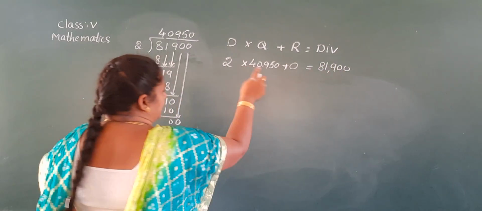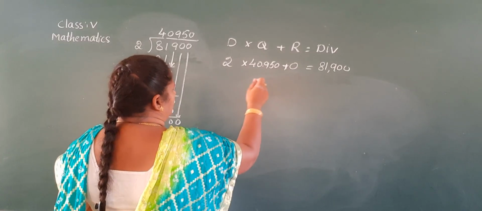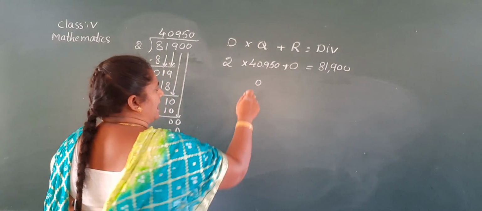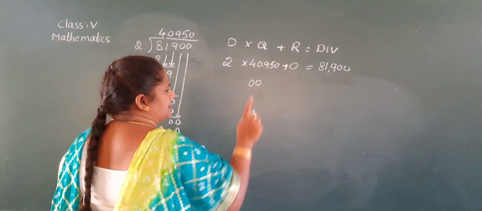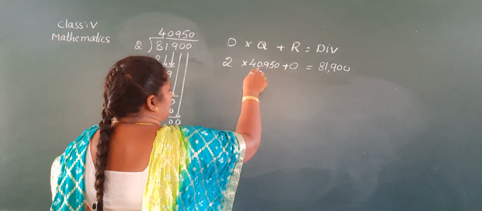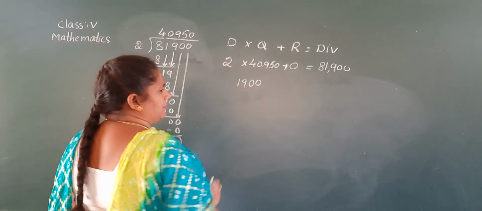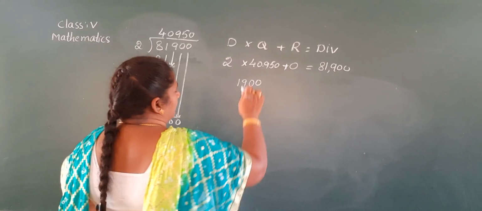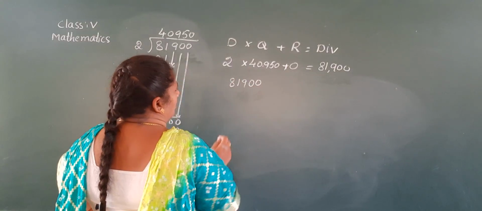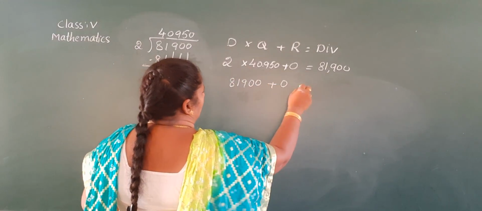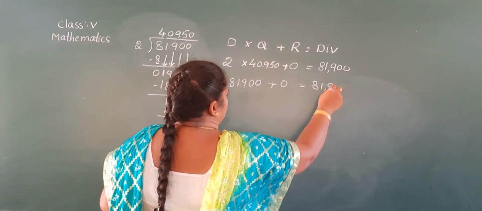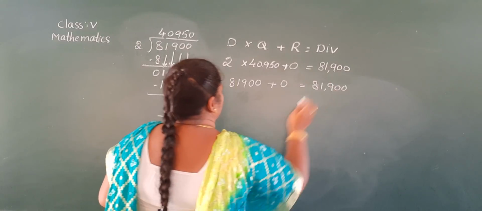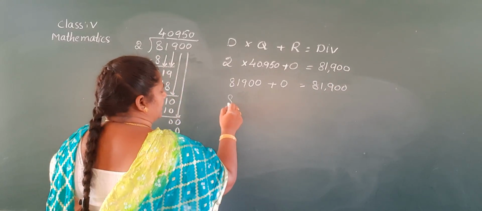Now multiply these two. 2 0s are 0. 2 5s are 10, 1 in hand, 0 down. 2 9s are 18 plus 1 is 19. Here 0 is there, so write two numbers down. 2 4s are 8. Plus 0. 81,900. If 0 is added to any number, we get the same number.